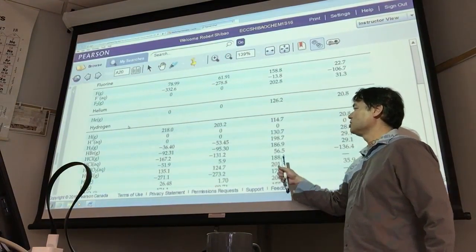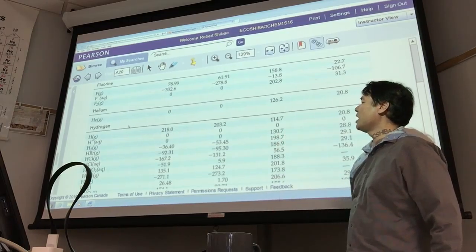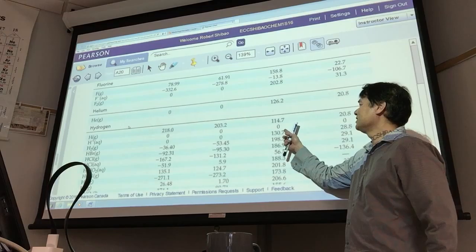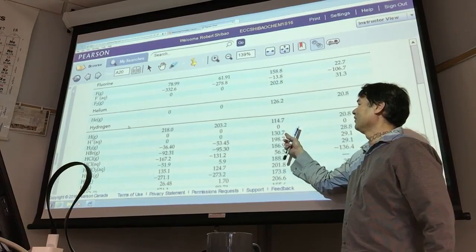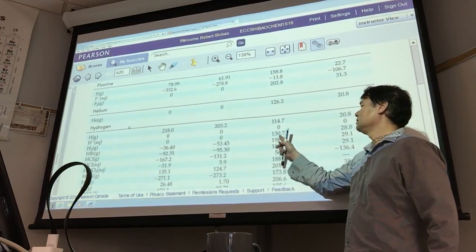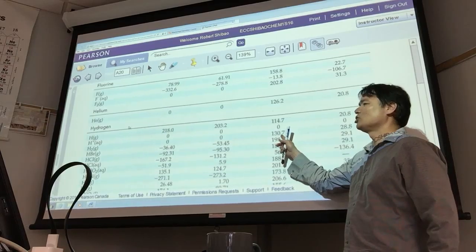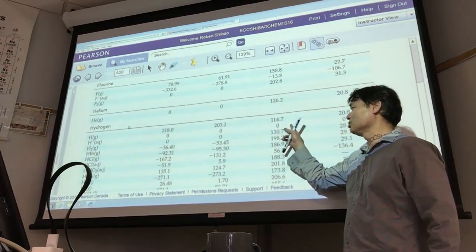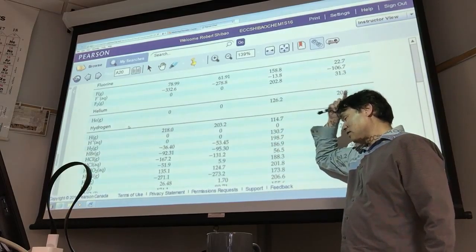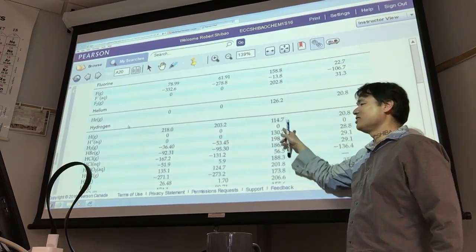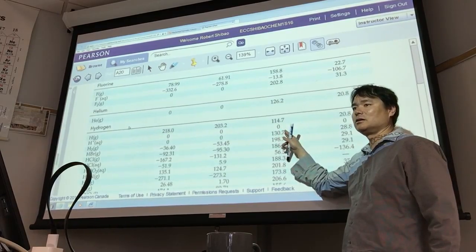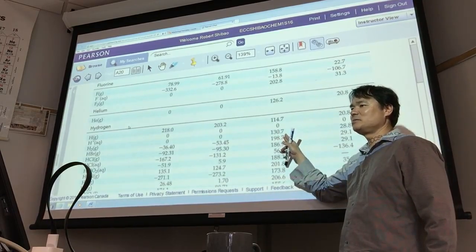The person is going to ask you, what has a higher entropy, H plus AQ or H2? And you go, oh, it's got to be H2, because it's 130 versus 0. Well, it does have a higher entropy, but you can't compare these 2 numbers. It's impossible to compare them because these are not on the same scale.